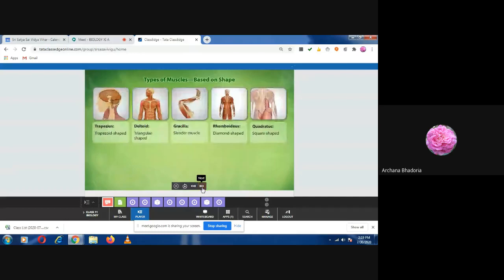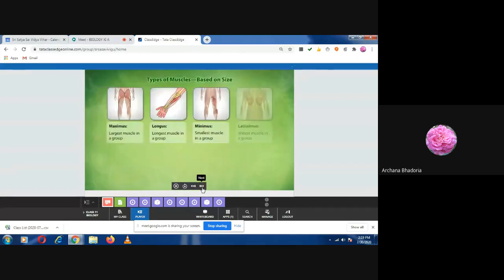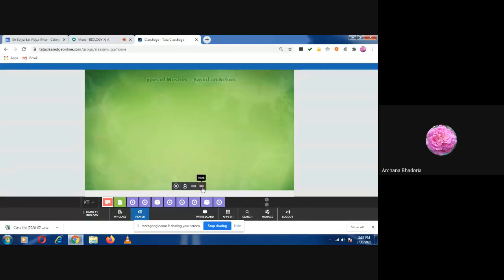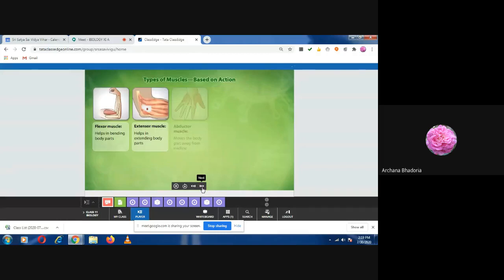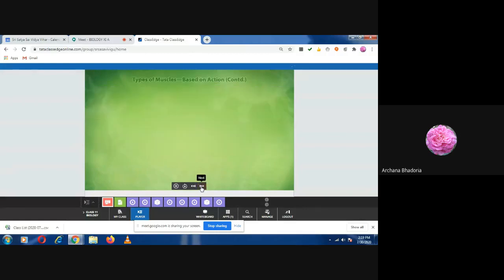So we will not study based on the shape. Then based on the size, a classification has been done. Based on the action, there are flexor, extensor, abductor, adductor, and elevator muscles. So just the names.